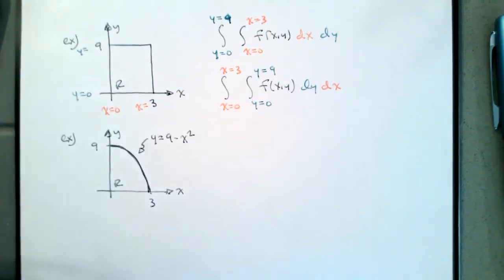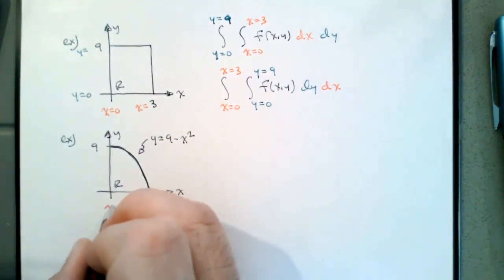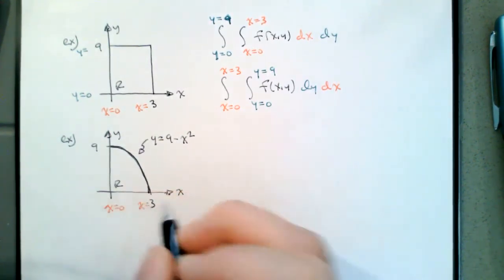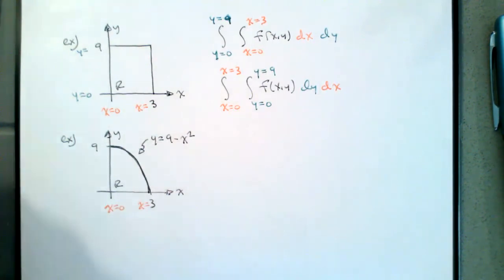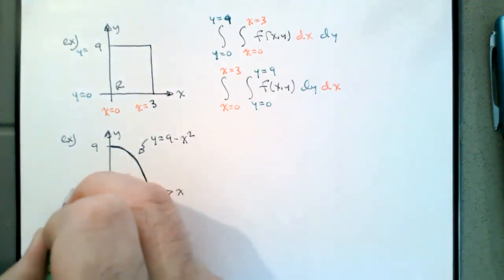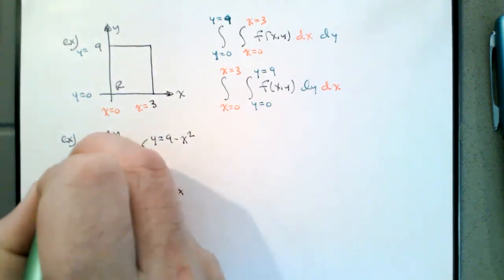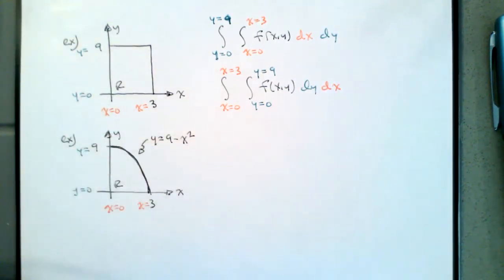Now we can see on the outside, x goes from 0 to 3. This is still cut from this rectangle that we had before, where x goes from 0 to 3 and y goes from 0 to 9. We've got to think about what's x between and what's y between. And we can describe this with two different double integrals.